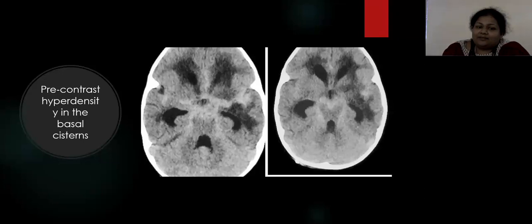Do you agree? Anything else? Can you see some periventricular lucencies? Those periventricular lucencies also suggest TBM. So: non-contrast basal hyperdensities, dilated ventricles, and periventricular lucencies.